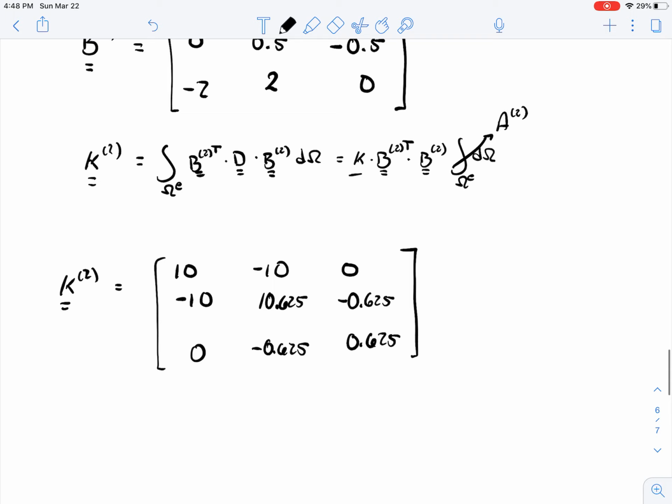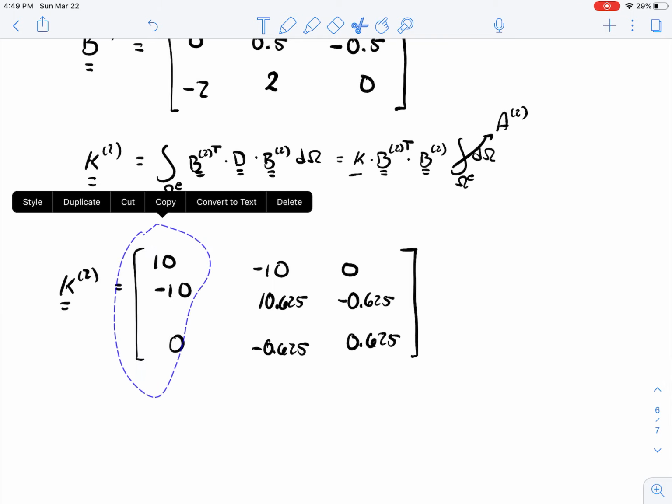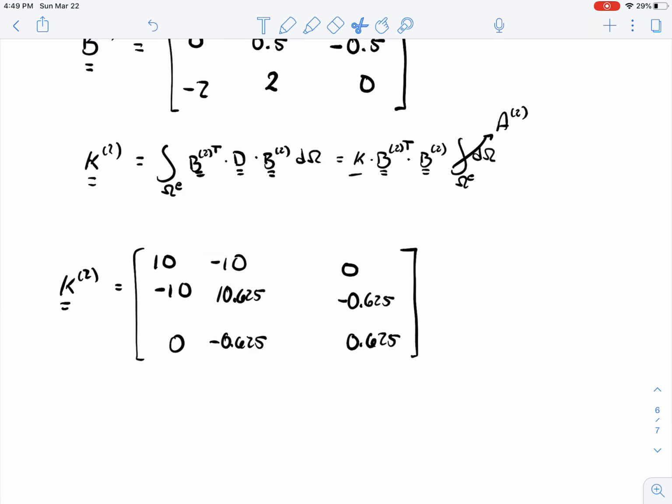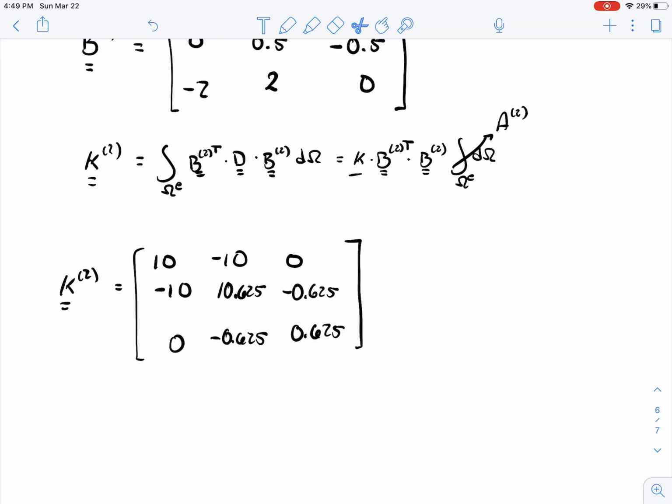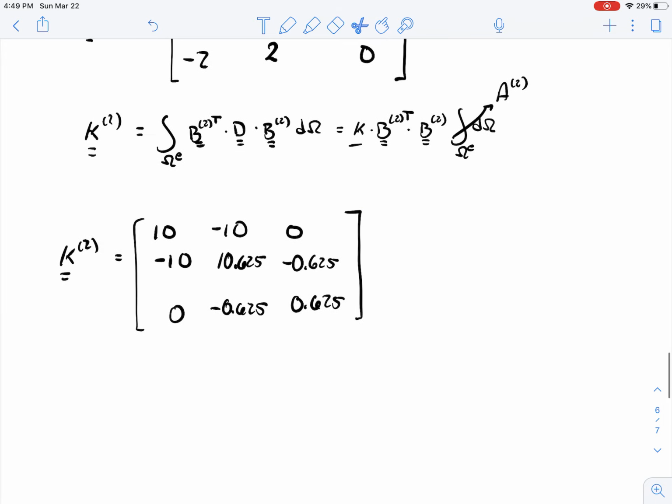And I need to assemble this into the global stiffness matrix, so let me make this a little bit more compact. Assemble into K2 tilde.